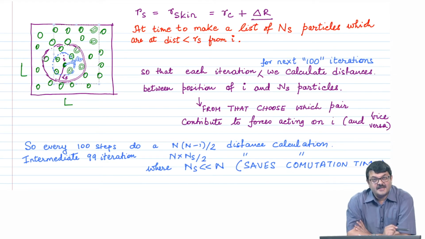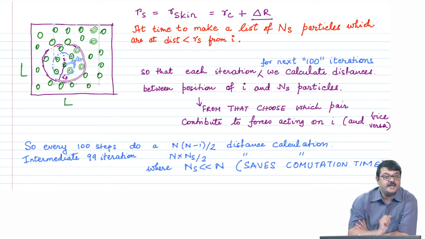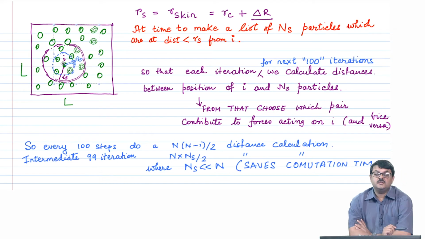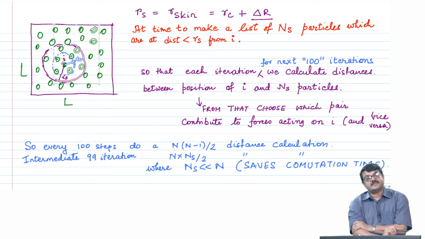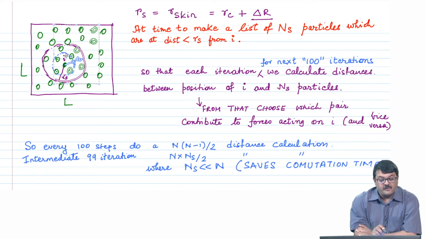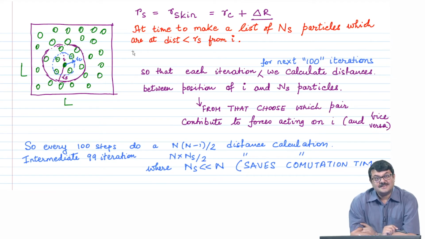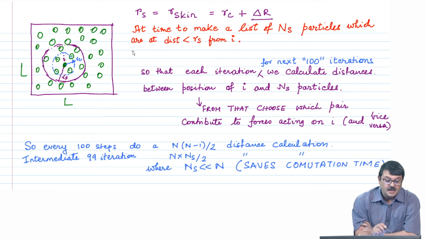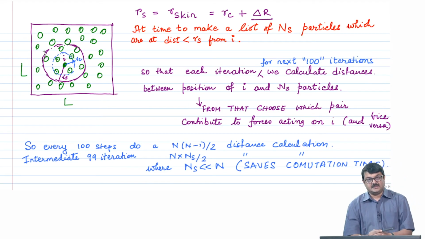And for the next 100 iterations, when you are calculating forces on particle I, you do not calculate the distance between particle I and all the particles in the simulation box. Instead, you calculate the distance of all the particles which are within distance r s.